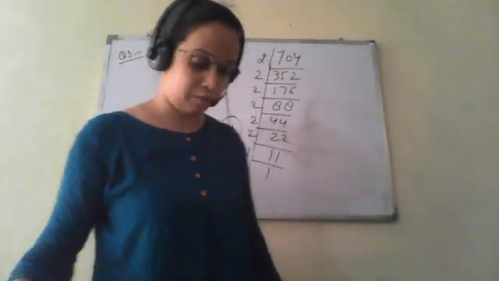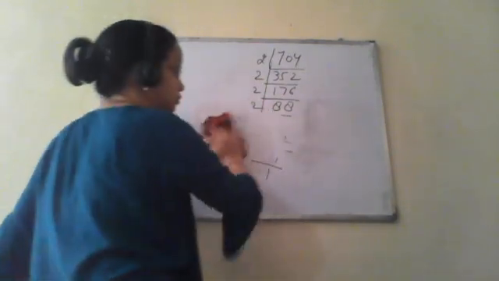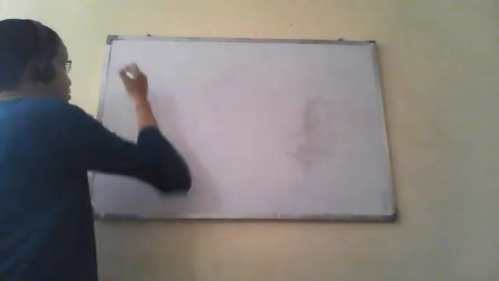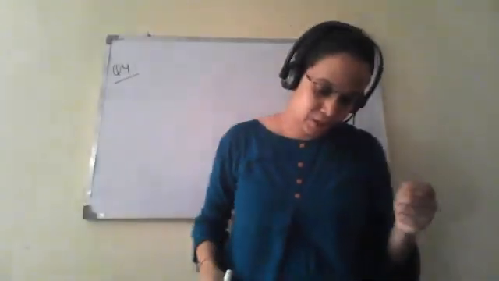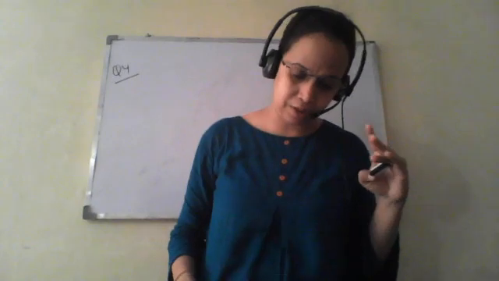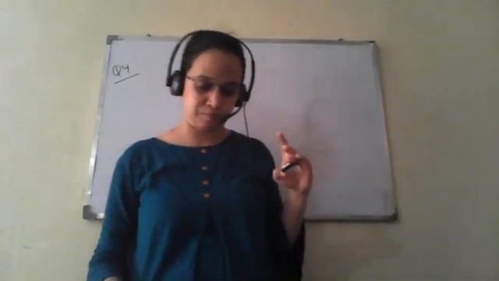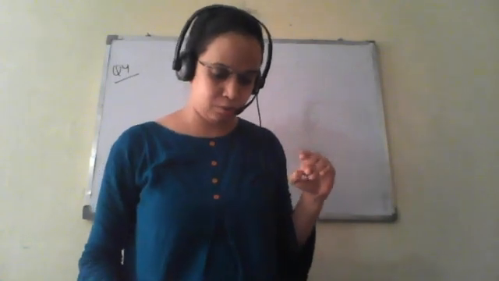Okay, so question number 4 says Parikshit makes a cuboid of plasticine of sides 5 centimeter, 2 centimeter and 5 centimeter. How many such cuboids will be needed to make a cube?